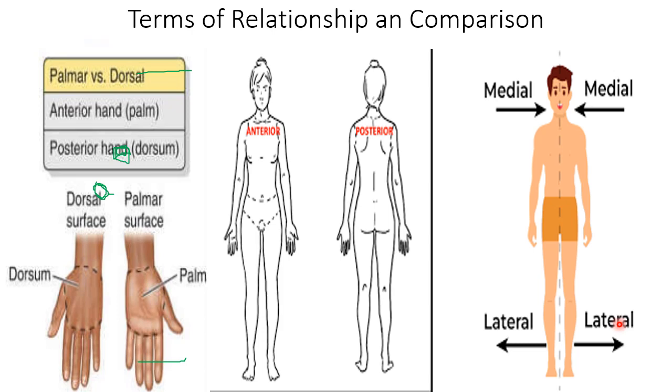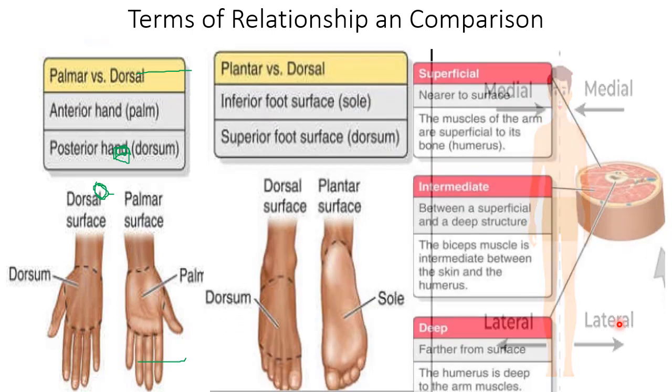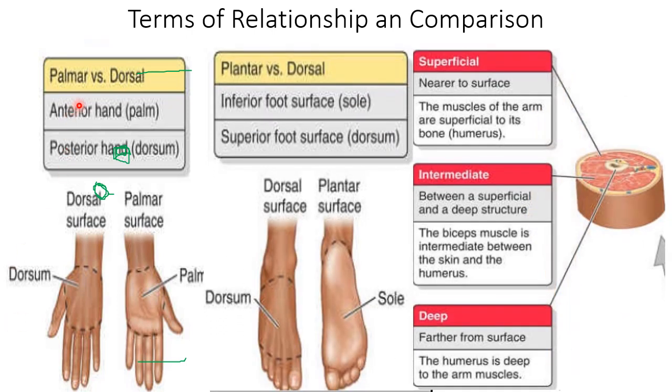Then let's look at other terms such as these that I've displayed. So we have palmar and dorsal. These two are specifically for the limbs, for the hands and the legs. Palmar refers to the palm. Dorsum refers to behind the palm, the back of the palm.